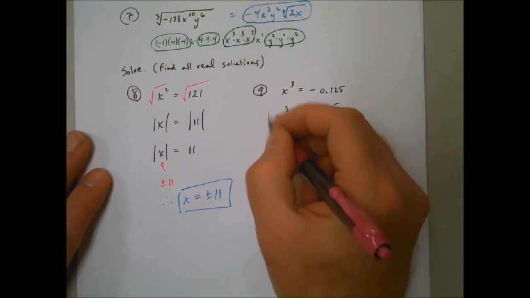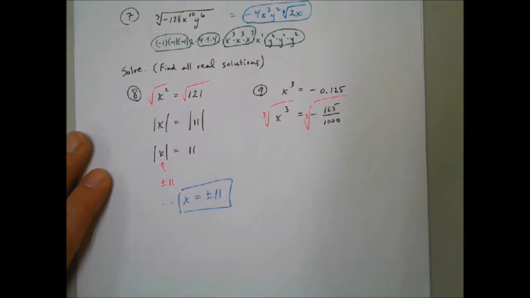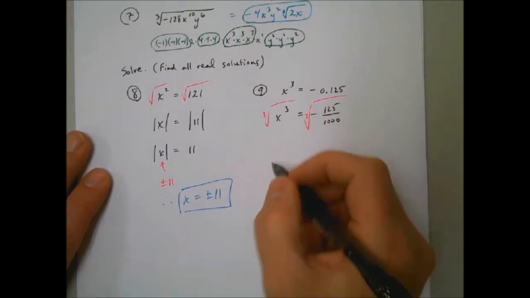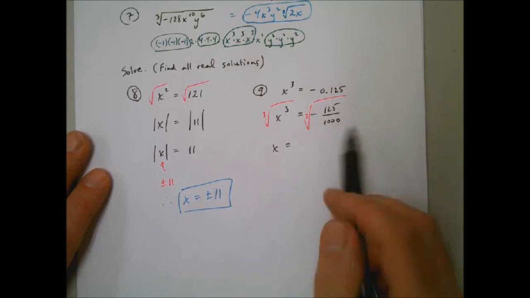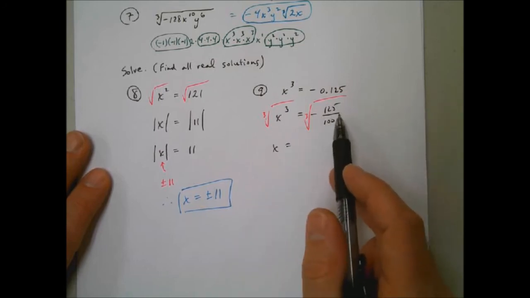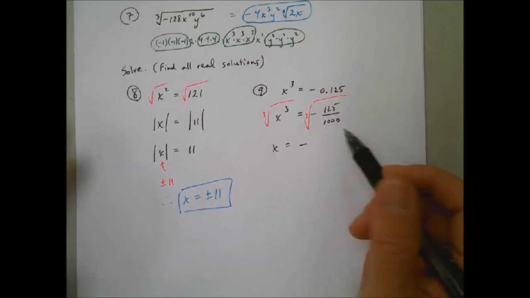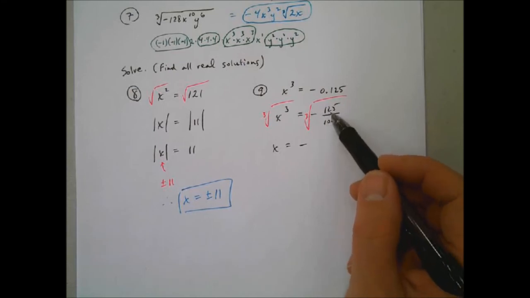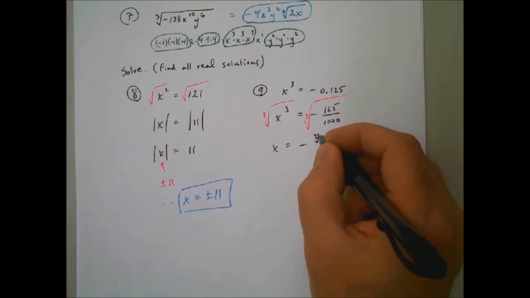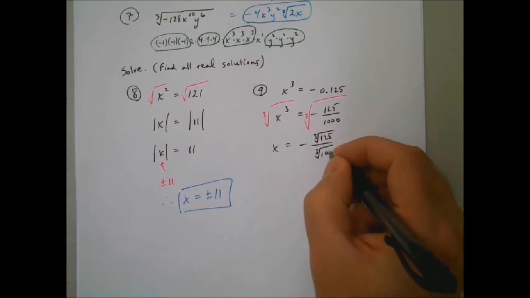Let's do the cube root of both sides. Okay, cube root of x cubed is just x. And cube root of negative 125 over 1,000, of course, the negative is what I showed you on the previous problem. And we have the cube root of 125 over the cube root of 1,000.